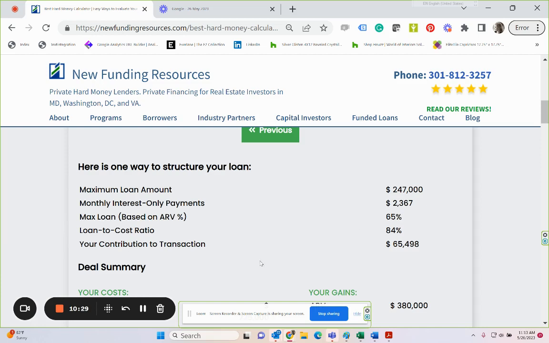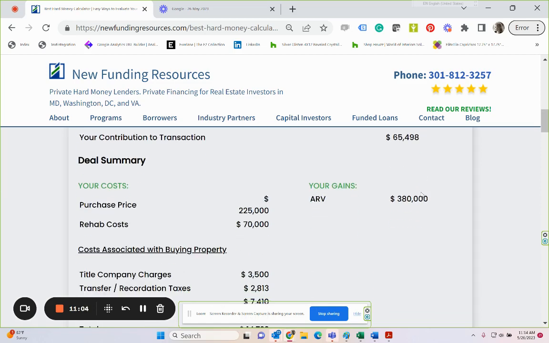Your contribution to the transaction would be $65,498. And in this particular case, your maximum loan amount would be based on 65% of the ARV, or after repair value, and your loan to cost ratio in this particular case would be 84%. What is loan to cost ratio? It is percentage of your purchase price and your rehab budget that is covered by our loan of $247,000.